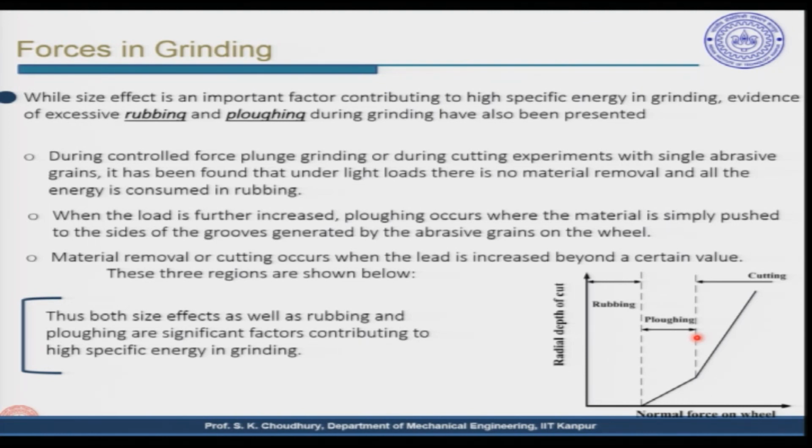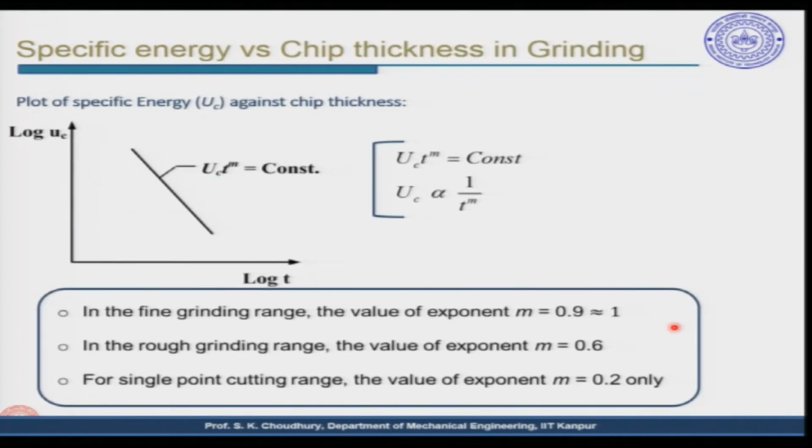Along with the size effect, this rubbing and plowing are also responsible for the higher specific energy consumption in the grinding process, as we said. Of course, the size effect is the main, basic effect, followed by the rubbing and the plowing.